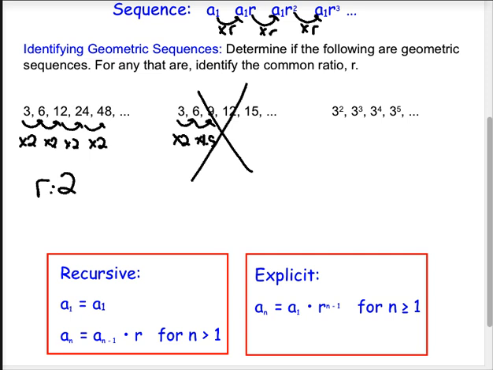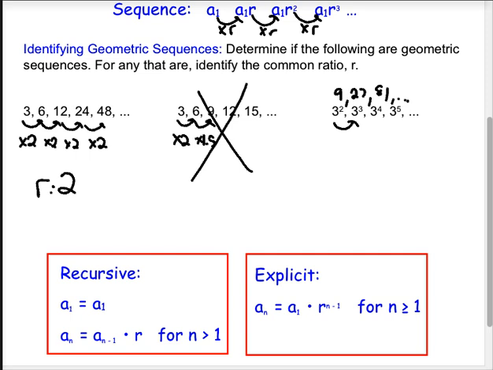And this next one is written a little bit funky, but it works. Think about it: 3 squared is 9, 3 to the third is 27, 3 to the fourth is 81, and so on and so forth. So how am I getting from 3 squared to 3 to the third?